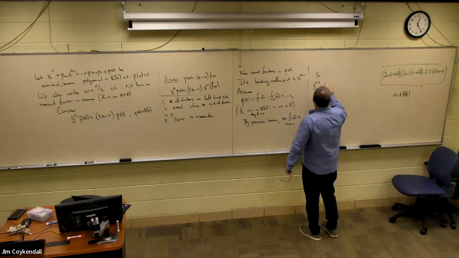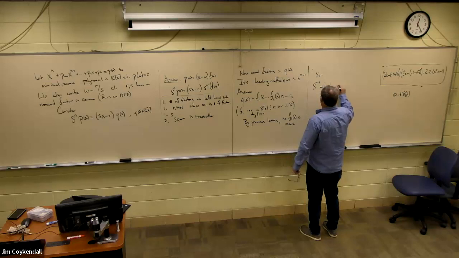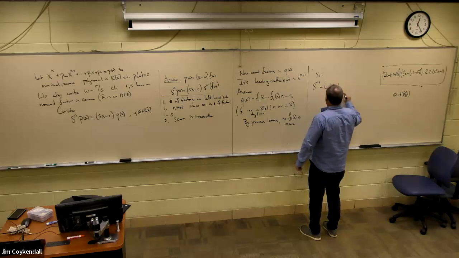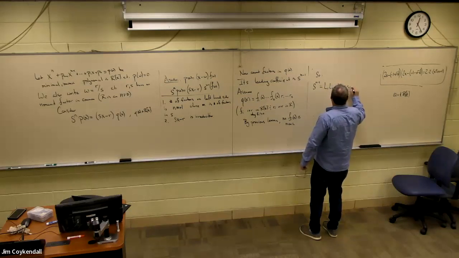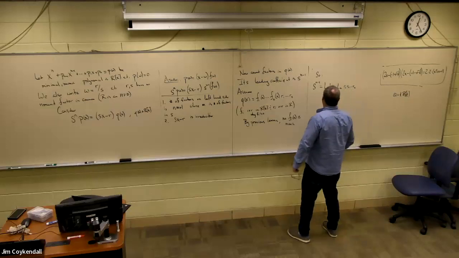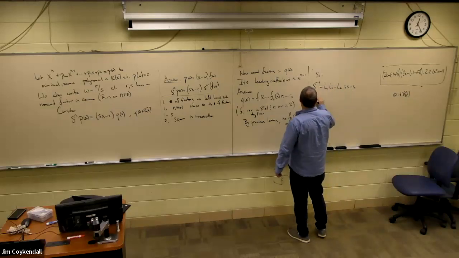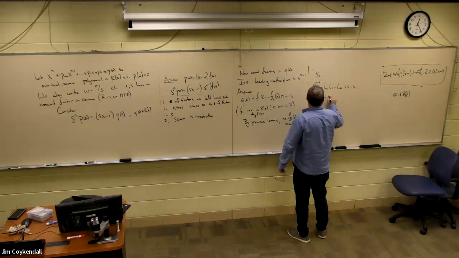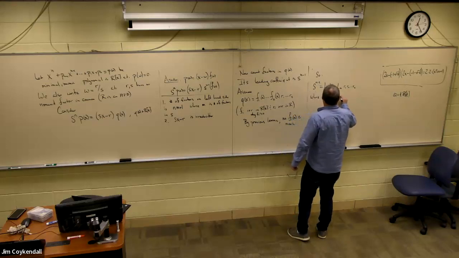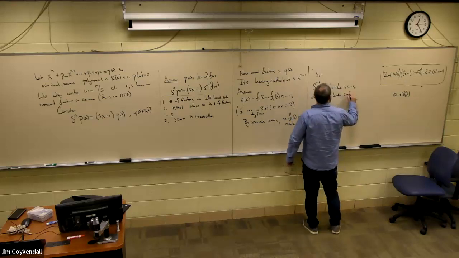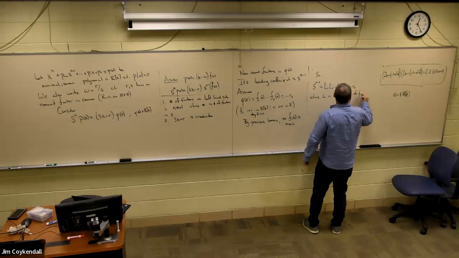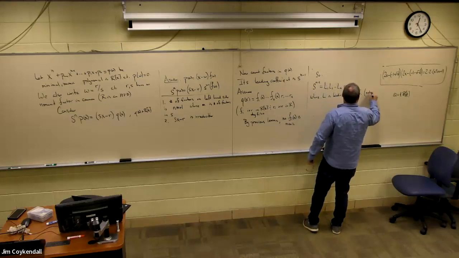So this is L1, L2, ..., Lk times R1, R2, ..., Rt, where Li is the leading coefficient of Fi and not a unit.